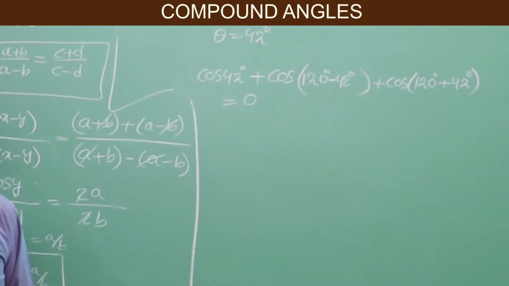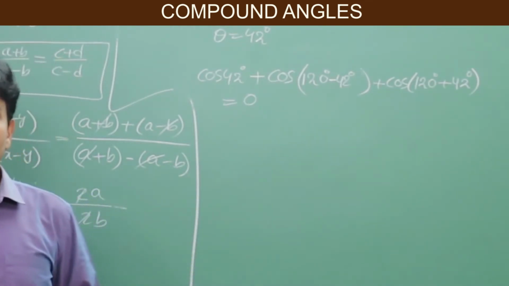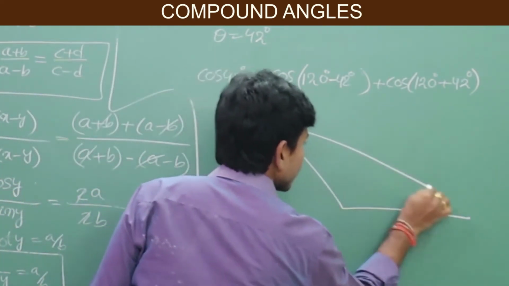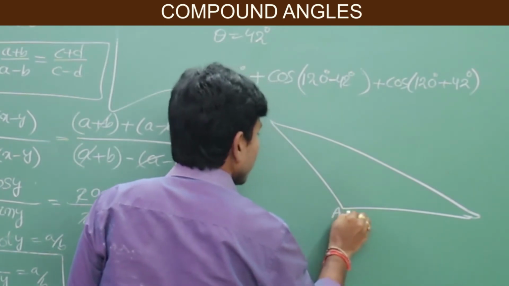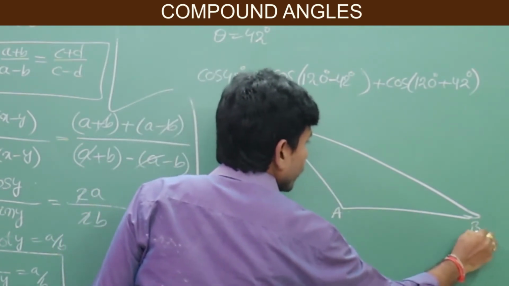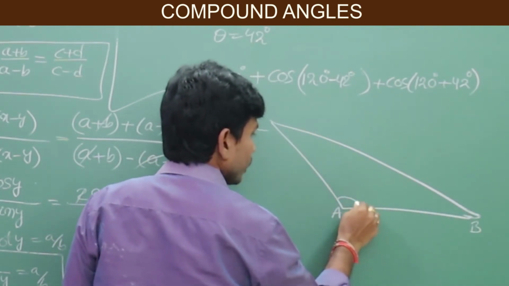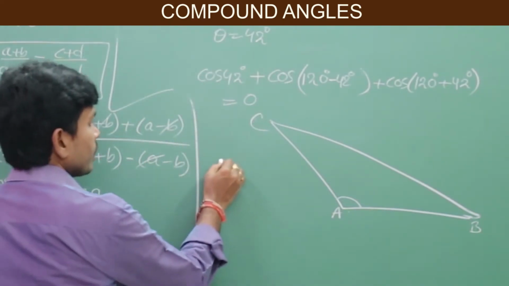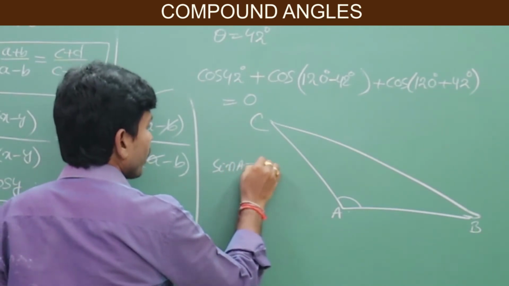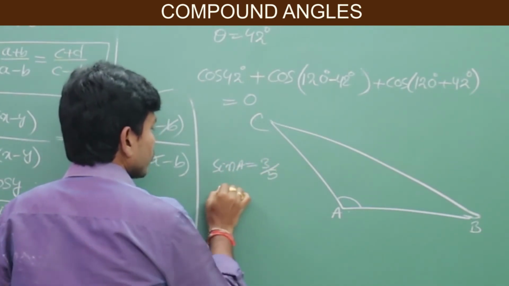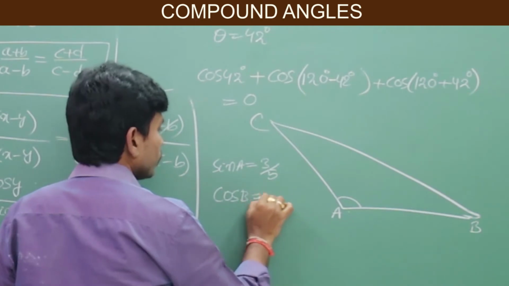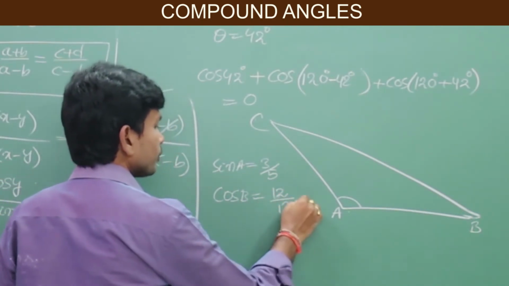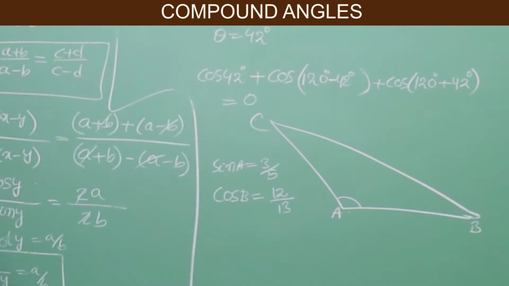A is an obtuse angle means you can take it like this. This is A, B, C. It is an obtuse angle. And again, what is given? sin A = 3/5, cos B = 12/13. Then find sin C.